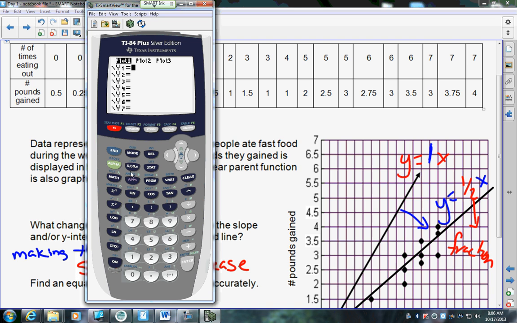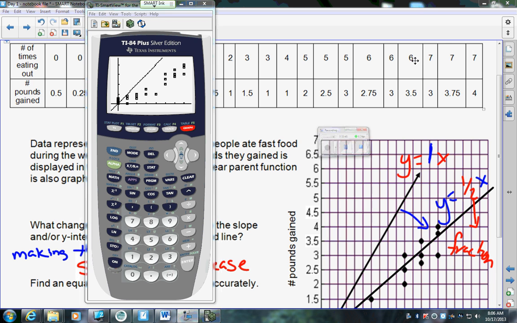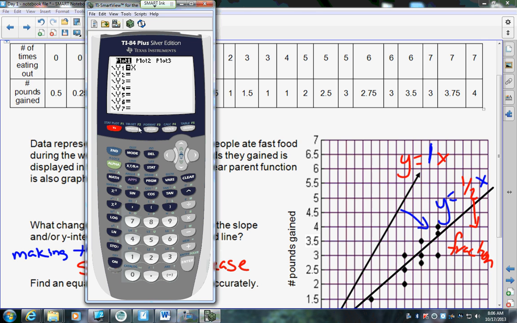Now, we go to y equals, put in the linear parent function, y equals x, and press graph. Now, we need to make this flatter, so that's why I said go into y equals. And let's try 1/2 x, and press enter.